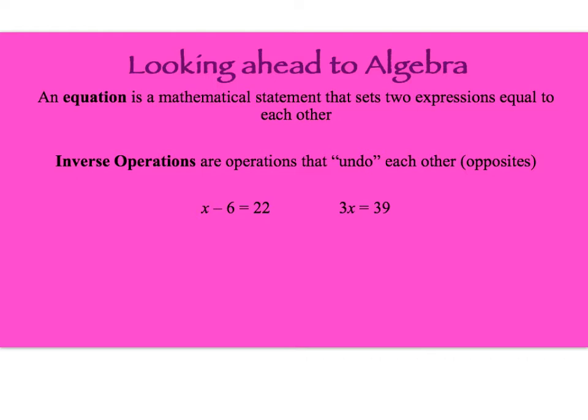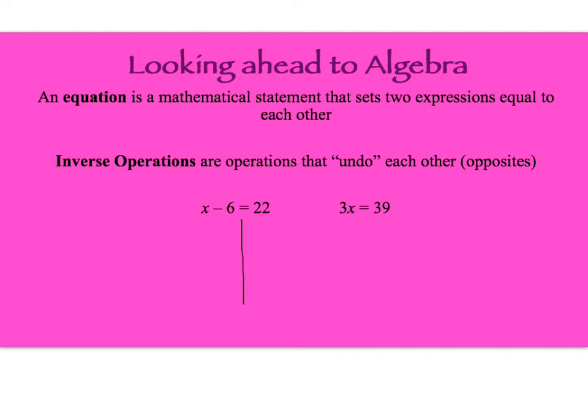So let's review basics of how to solve an equation. Sometimes it might help to draw a line down the center of your equal sign. That way, everything on the left side of this line has to be equal to everything on the right. So I see in this problem, x minus 6 equals 22. The goal of solving an equation is to isolate the variable. We want to get x by itself.